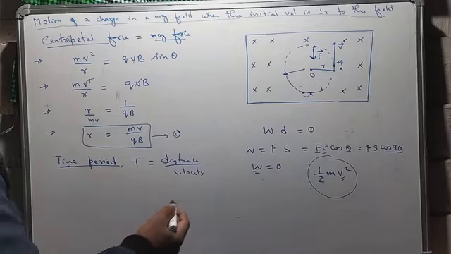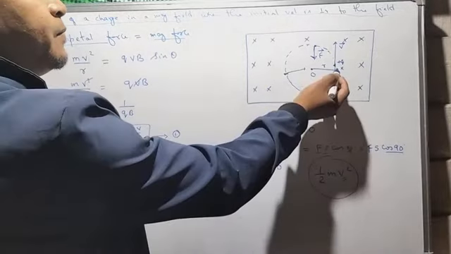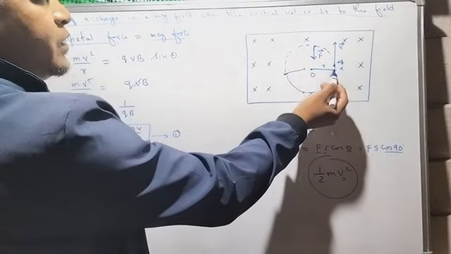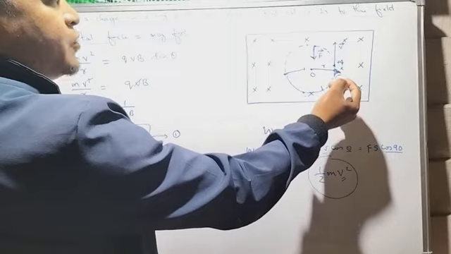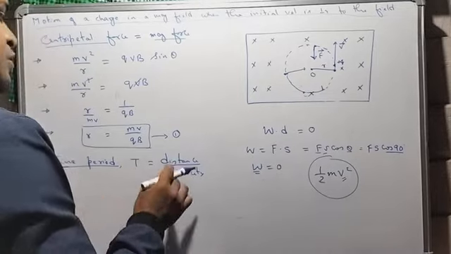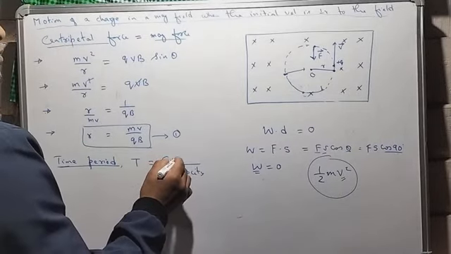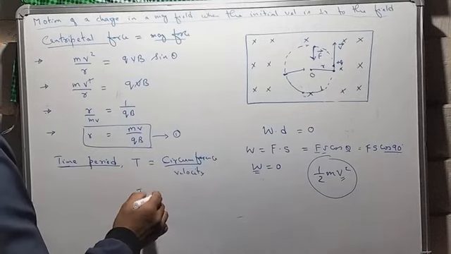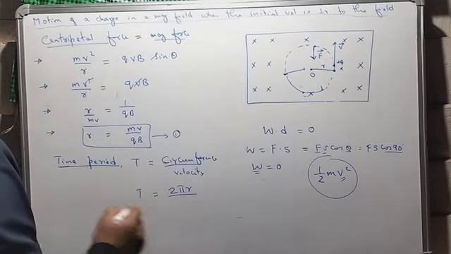But when I say distance here, it means the distance, because time period is actually the time taken to complete one revolution. So for one revolution like this, what is the distance moved by the charge? That distance is equal to the circumference. So instead of distance, I will write circumference. We know circumference is equal to 2 pi r, and this velocity is v.